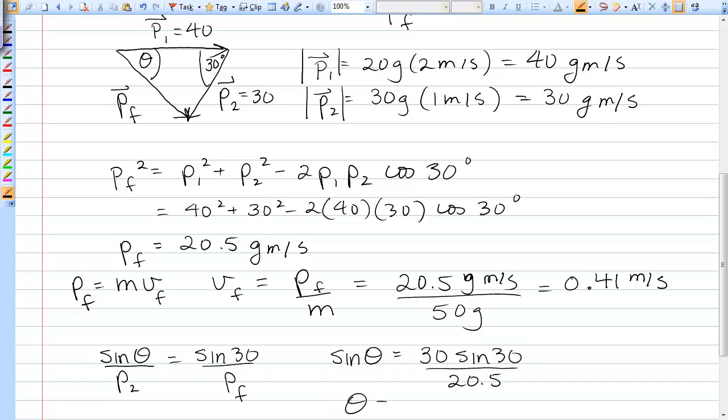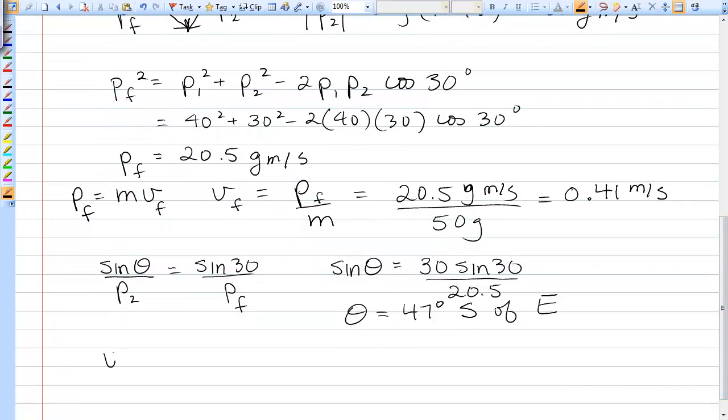And that gives us an angle of 47 degrees, and it is south of east. So the final velocity of the blob is equal to 0.41 meters per second at 47 degrees south of east.